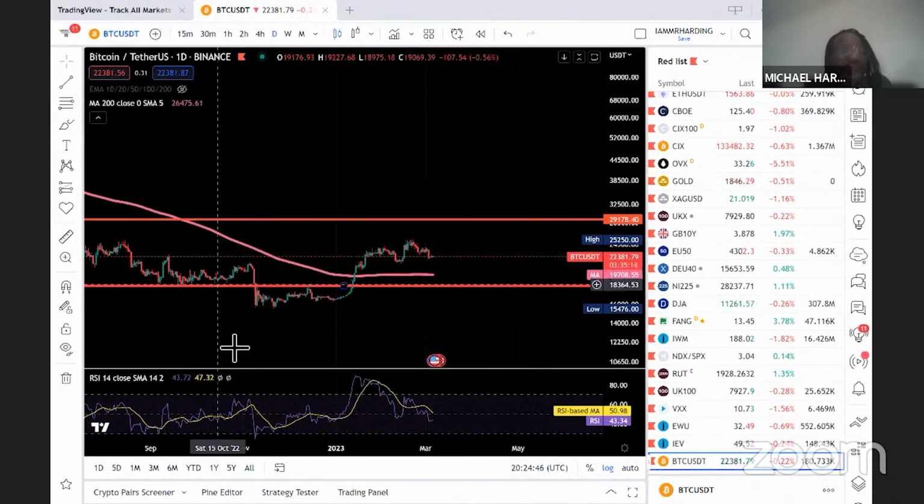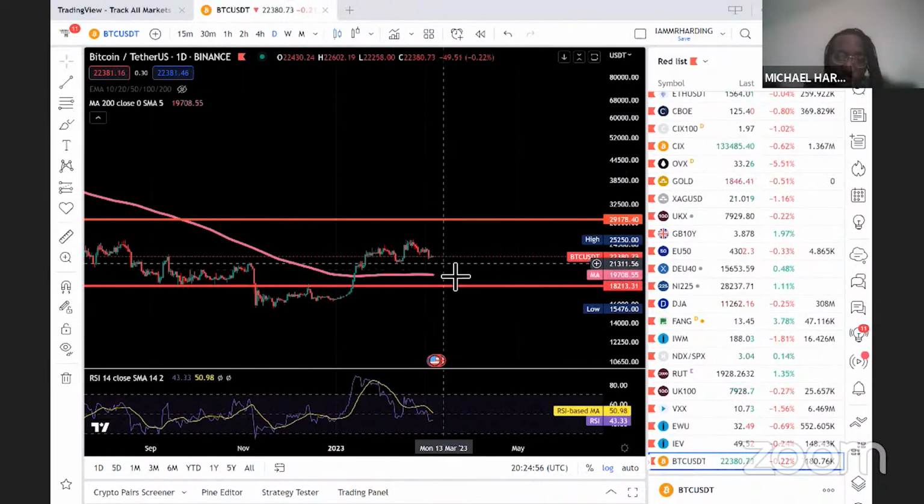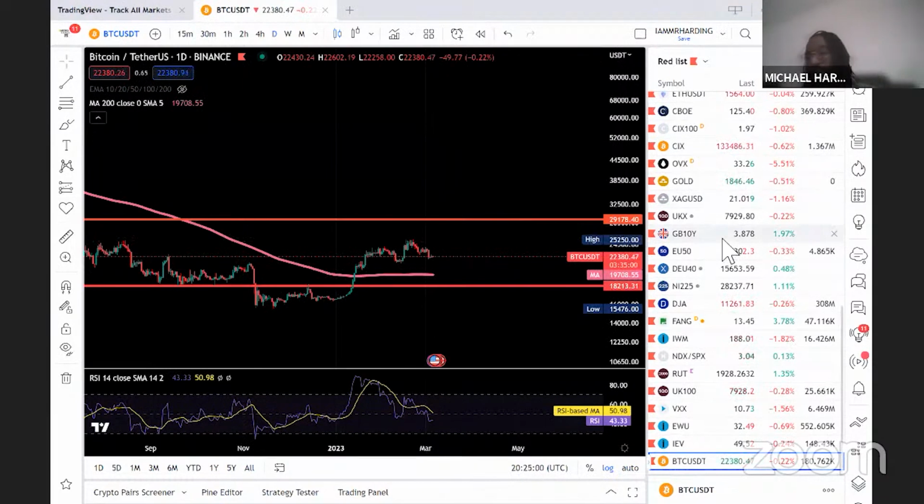So it's very, very unlikely that it's retail that creates supports on Bitcoin. It's possible, but very unlikely. So yeah, keep that in mind.